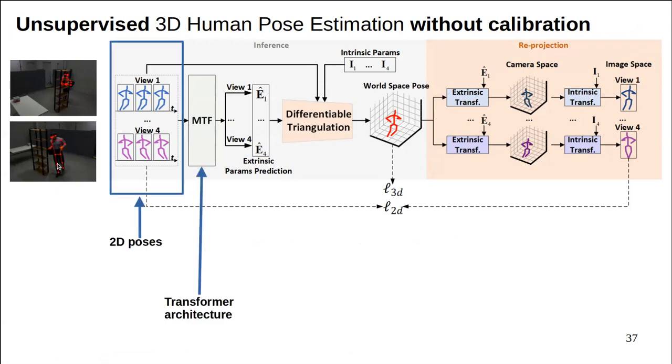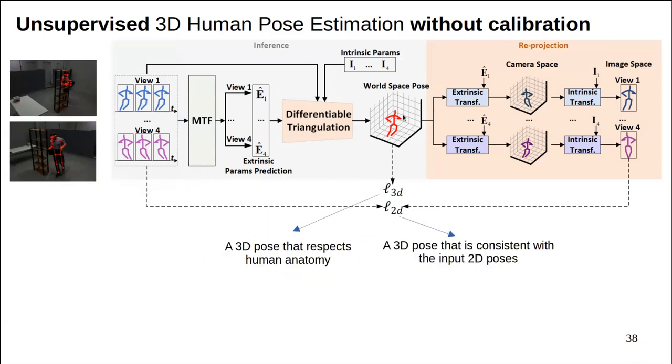Then we will send these 2D poses to a deep learning architecture. Here we use a transformer-like architecture. The goal of this architecture is to predict extrinsic parameters corresponding to this multi-view setup. We are not predicting directly the 3D pose of the human, we are predicting the extrinsics corresponding to the setup. And using these extrinsics, we can triangulate the pose of the operator into the 3D space.